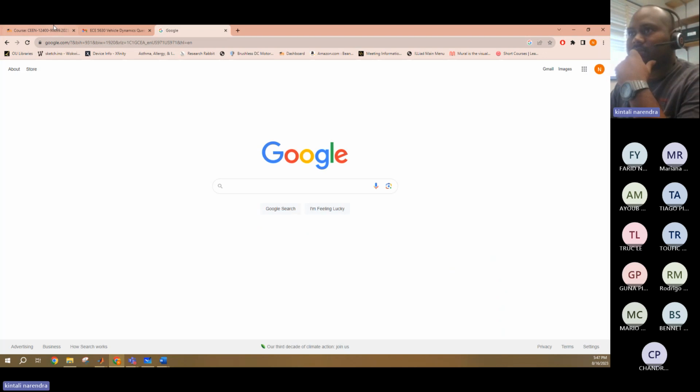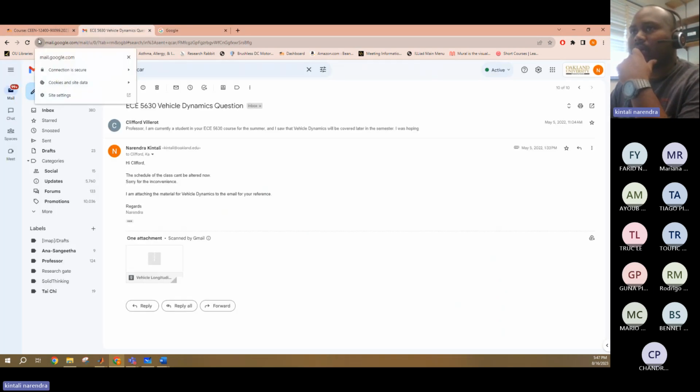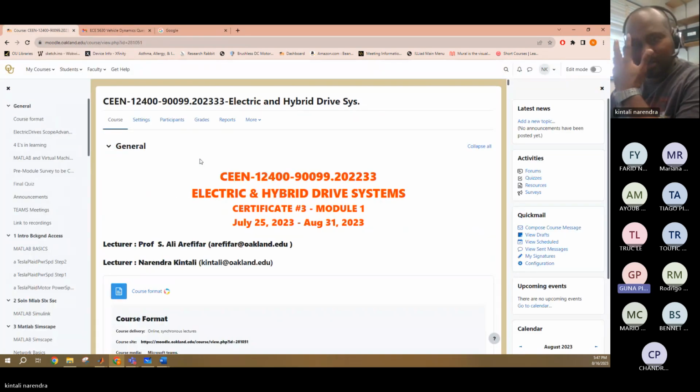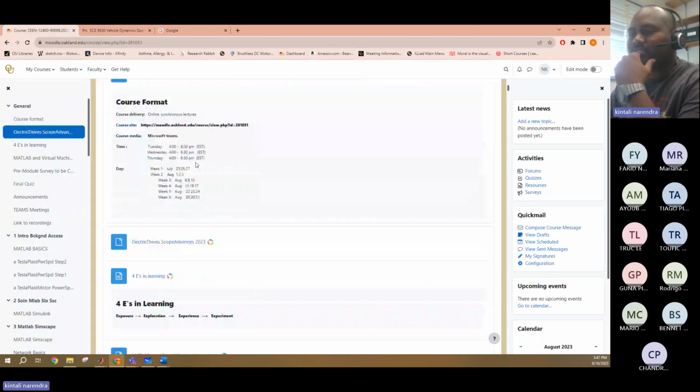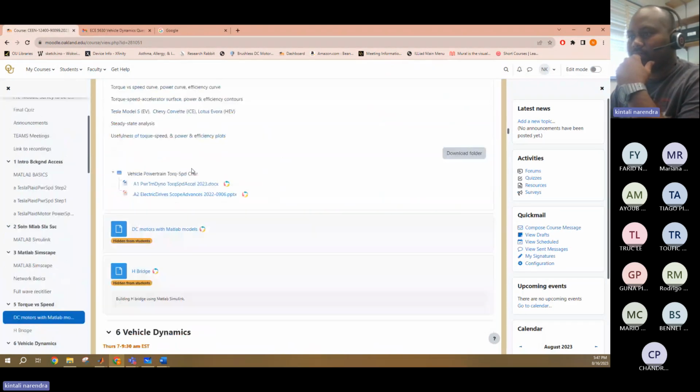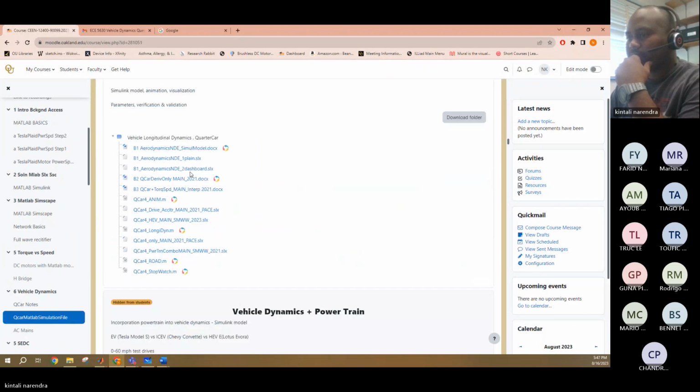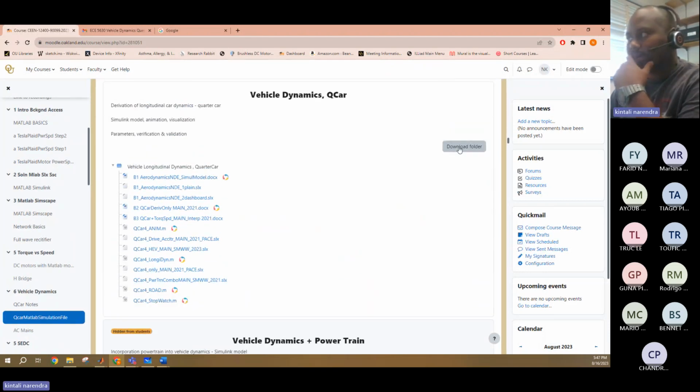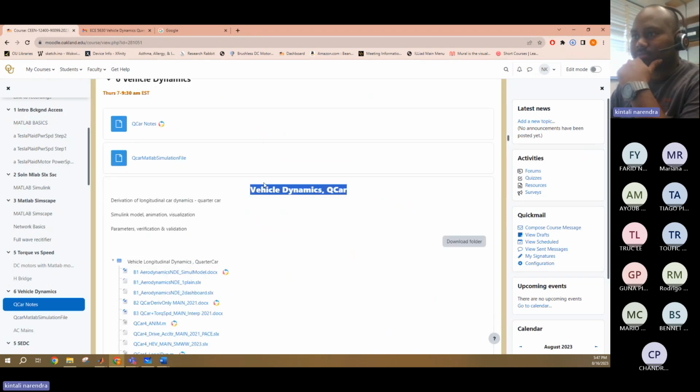Simulink and Simscape workspace is the same, so there is no need to worry. Download this vehicle dynamics quarter car.